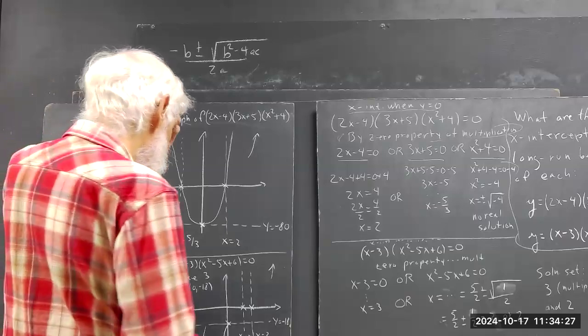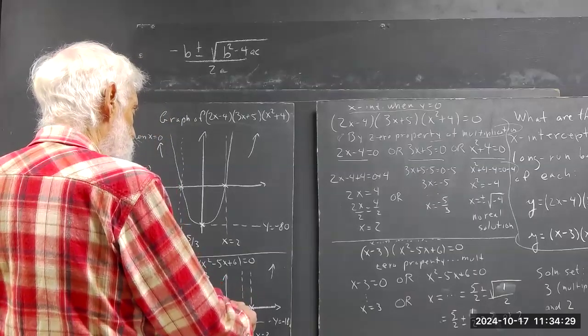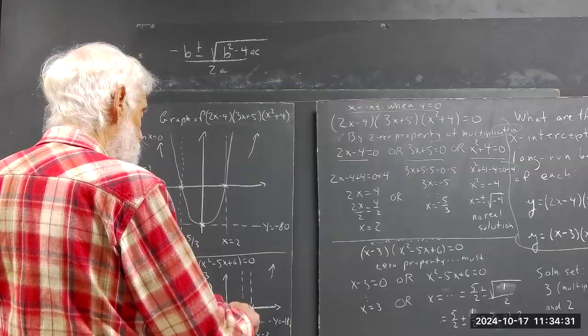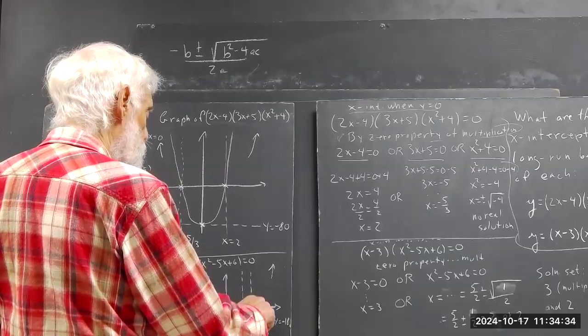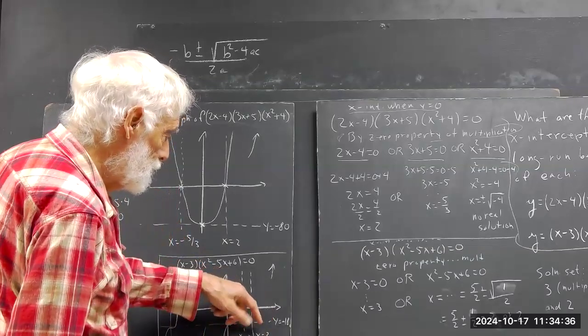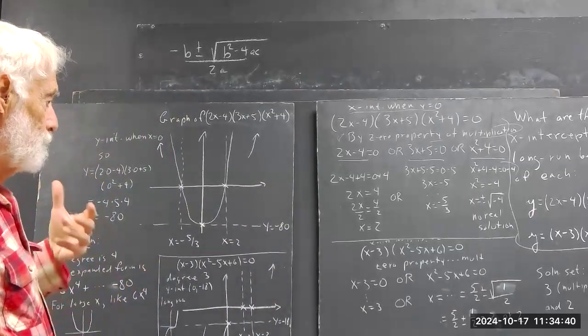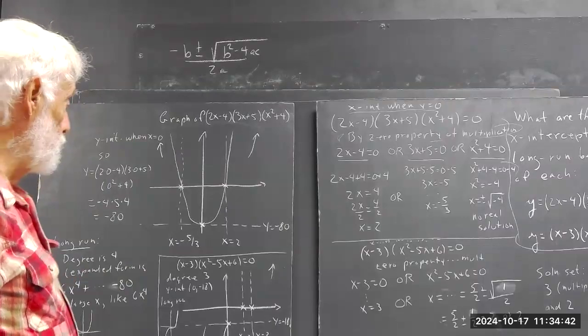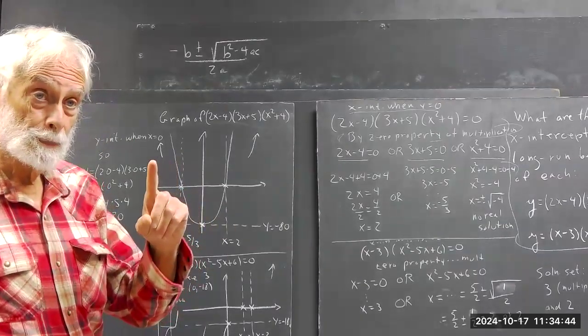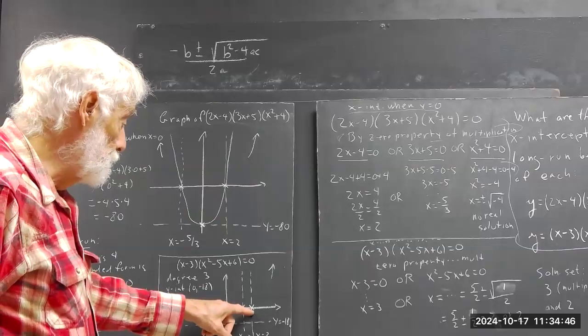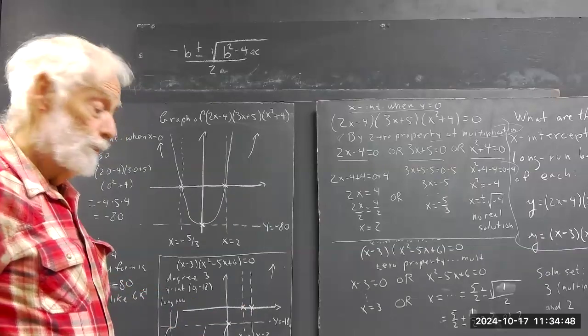Now the problem is, of course, if we come up through this point and turn around and go through this point, we can't get up here. Well, here's where you have to realize that really you've got 3 zeros, but one of them occurs twice. The one at x equals 3 occurs twice.